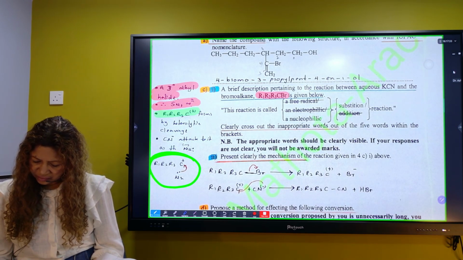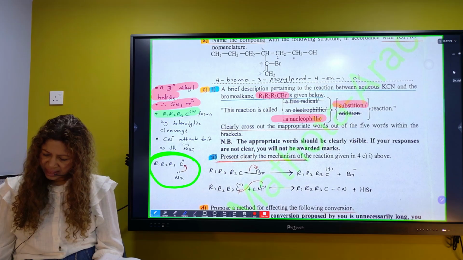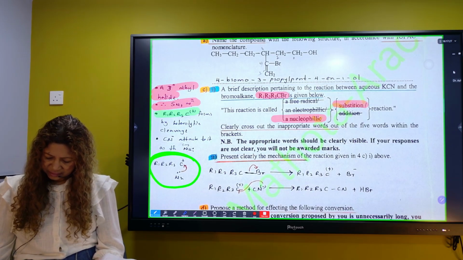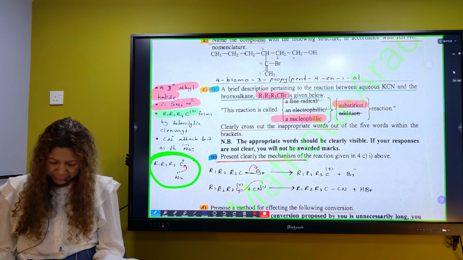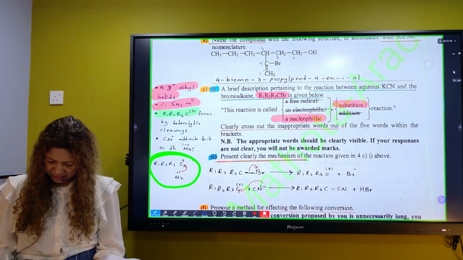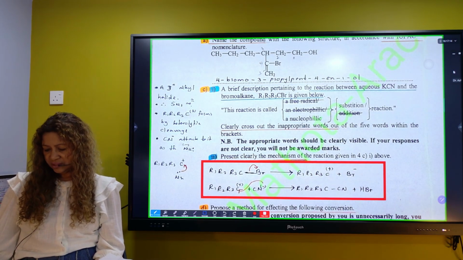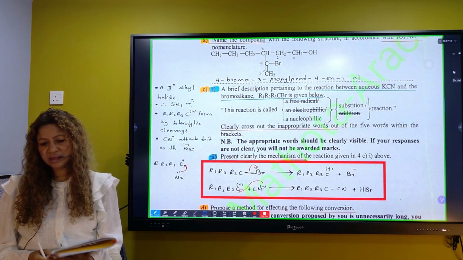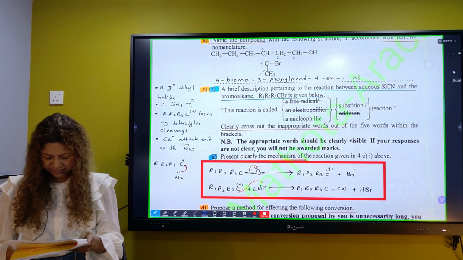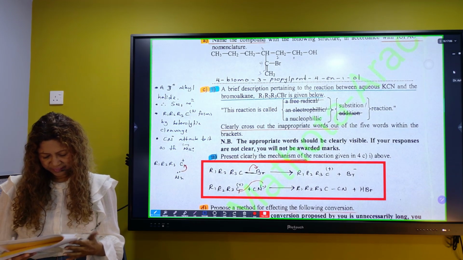This reaction is called a nucleophilic substitution reaction. Tertiary, so this tertiary carbocation can exist by itself in the medium.